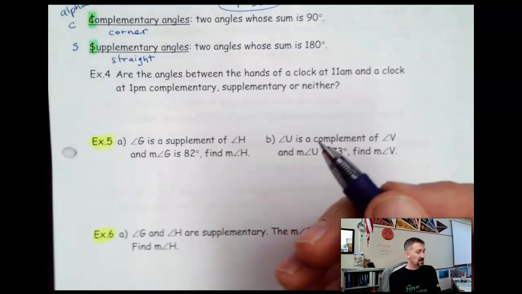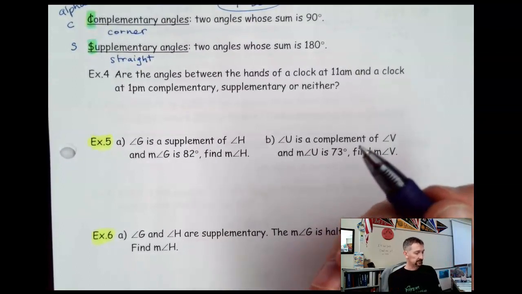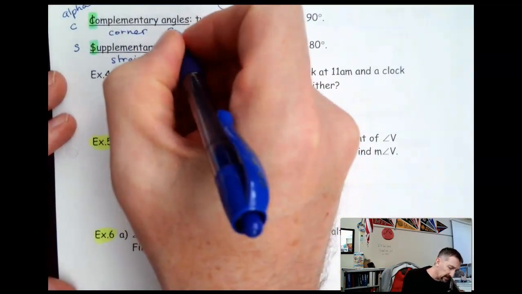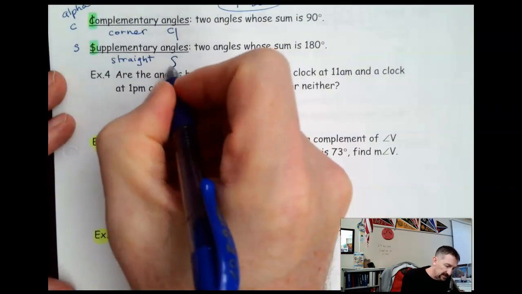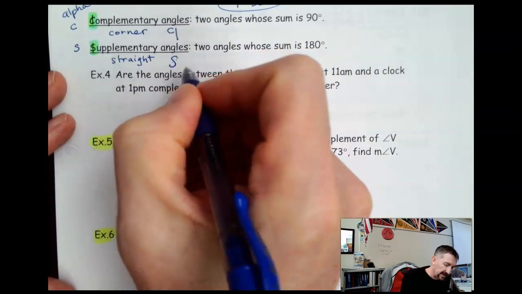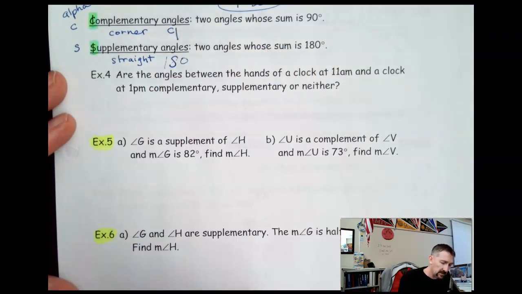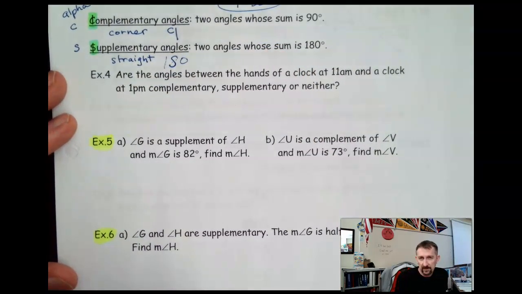So that's another way to remember it. Another student said the C can be turned into a 9, and another student said the S could be turned into an 8 as part of 180. So lots of ways to remember that, or you could just memorize it. That would be fine also.